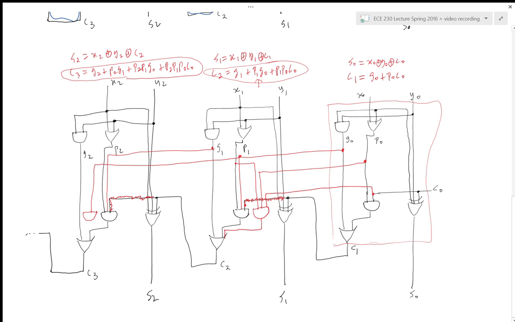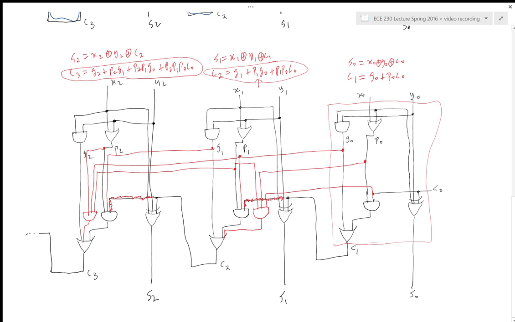So G0 is right here. Then we have P2 and P1, and G0. Okay, this is P1 right there, and this goes into the OR gate.